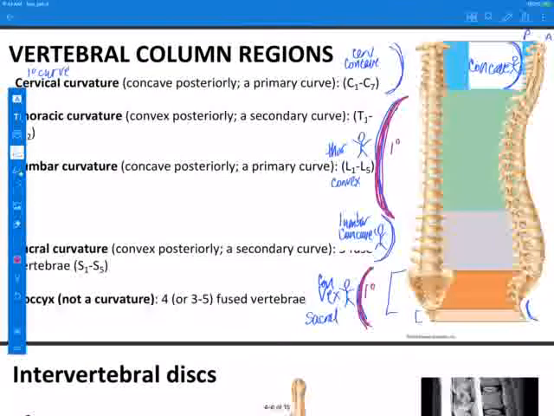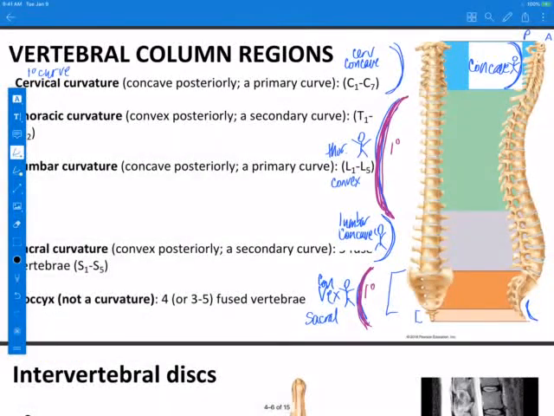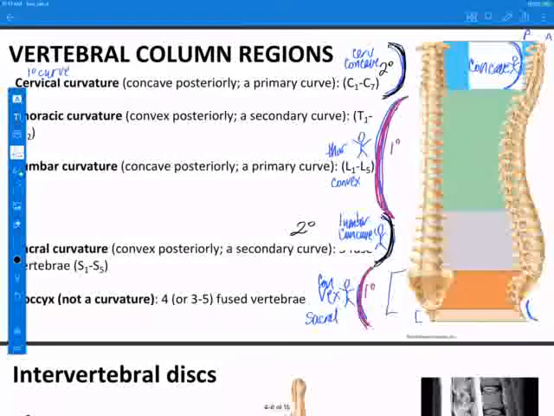However, over time, as they begin to spend more time sitting up and learn to sit by themselves, they develop a secondary curve. And the secondary curve is this one. And it's called secondary because it develops second. So after some time, when the secondary curve develops, it's easier for the baby to balance and stay upright.